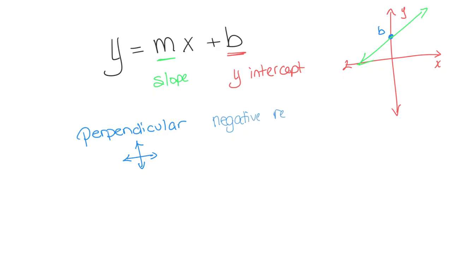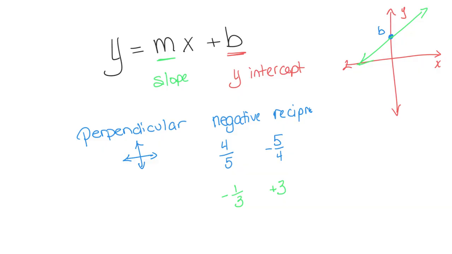So let's say you have a slope of 4/5 for one. The perpendicular line will be negative 5/4. Or if you have a slope of negative 1/3, the perpendicular will be positive 3. You literally take the slope of one line, flip it upside down, and change the sign. Those are perpendicular lines.